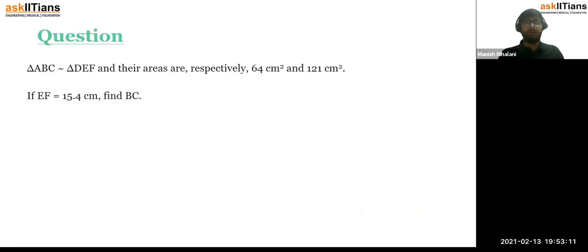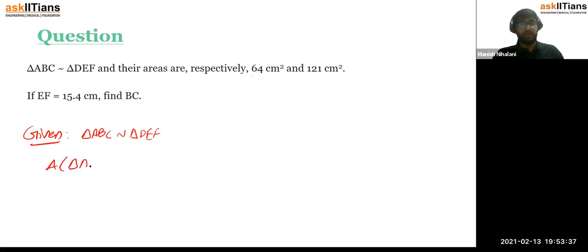So let's quickly move to the next question. It says triangle ABC is similar to triangle DEF. It is given to you that the triangles are similar, and their areas are given. We need to find BC. So you would say area of triangle ABC upon area of triangle DEF is equal to BC square by EF square.